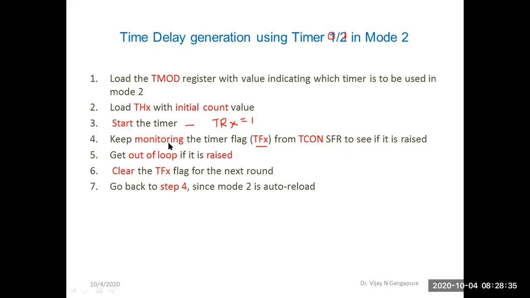So you have to continue monitoring until the TFx flag bit gets set, and if it gets set, then you have to get out of the loop. If it is raised, then clear the TFx flag bit. Whenever this flag bit gets set, we have to just clear the TFx flag bit for the next round.